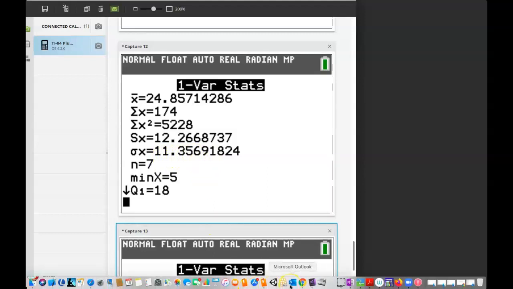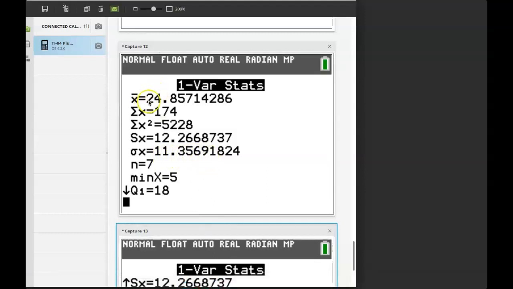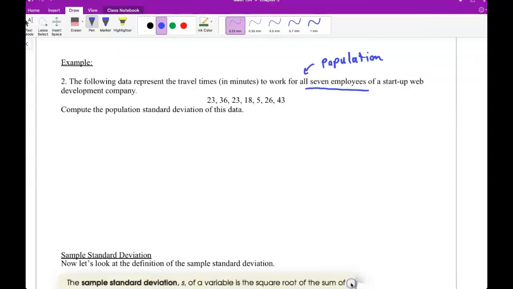Okay, now let's find the answer without using calculator, but I need the mean to find standard deviation. So I'm using this 24.857. Here on this part, we need to know what mu, or mean, is. Mean is 24.857, and we used TI-84.